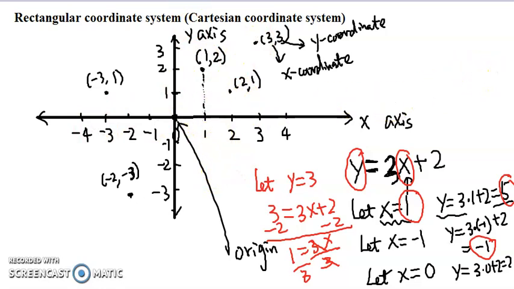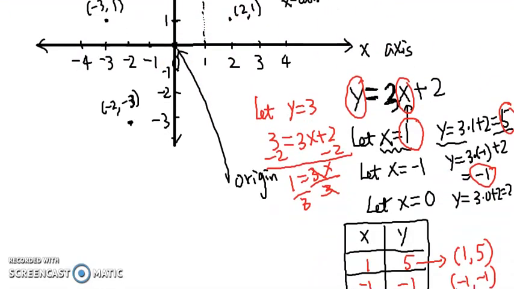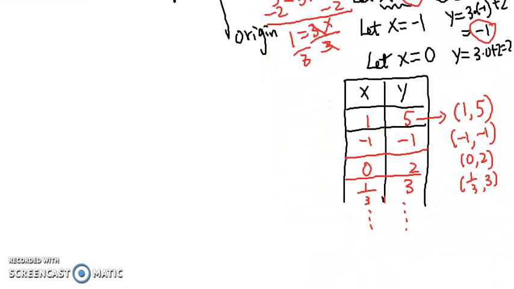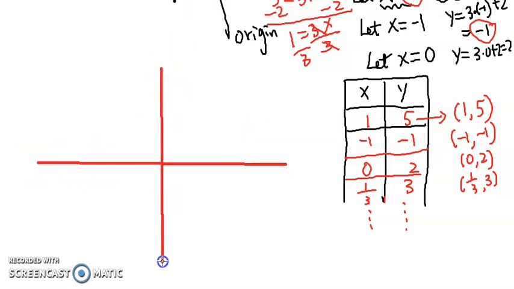And so we can actually plot these points in the coordinate system. So I'm going to draw another coordinate system. That's the x-axis, and we draw a y-axis. And in the coordinate system, we're going to put those points there. So when x equals 1, y equals 5.